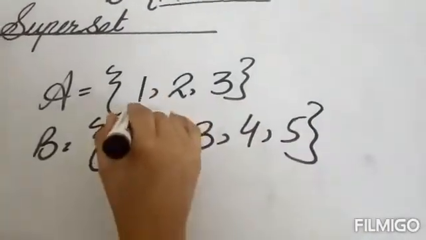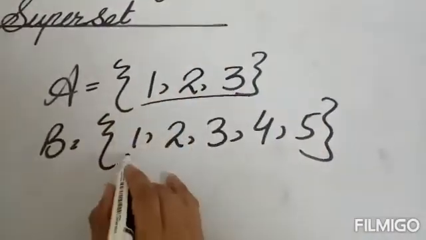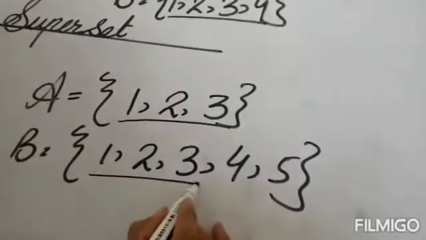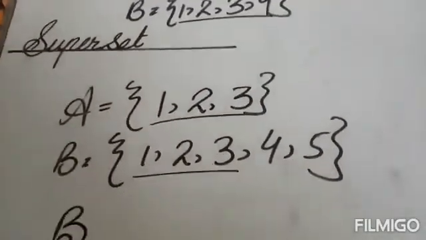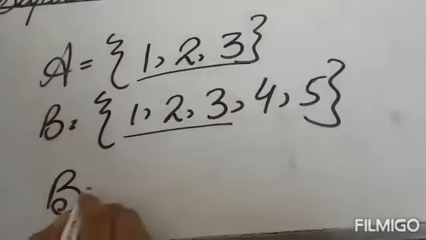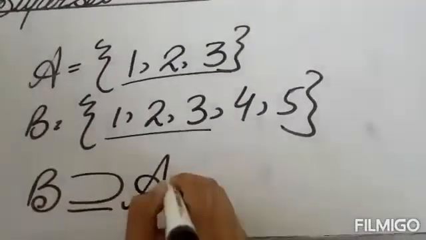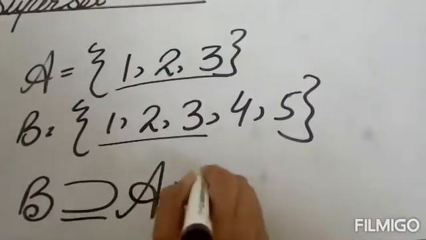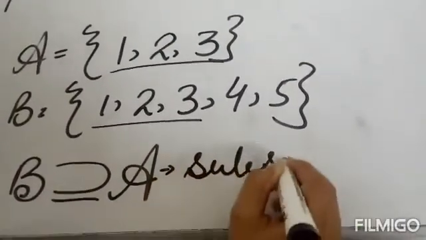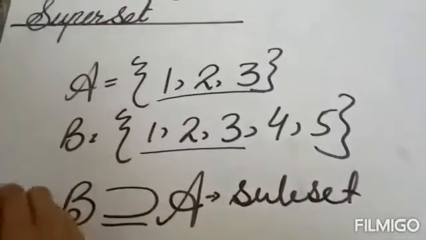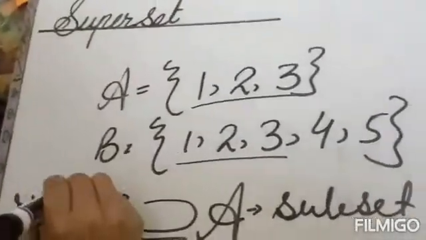You can see that all the elements of set A are present in set B. So set B is the superset of A. Set A is the subset and B is a superset.